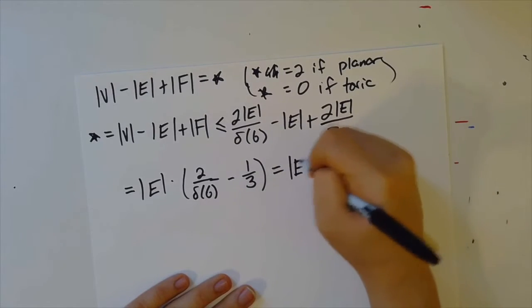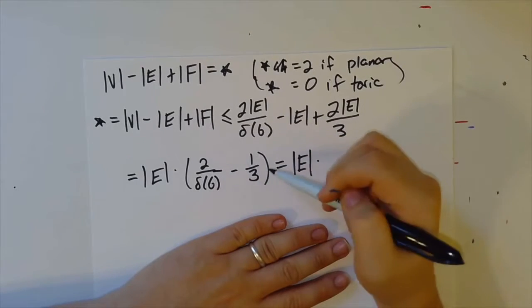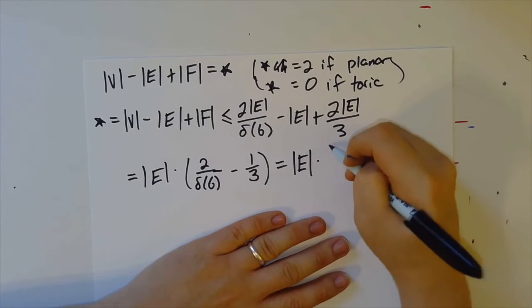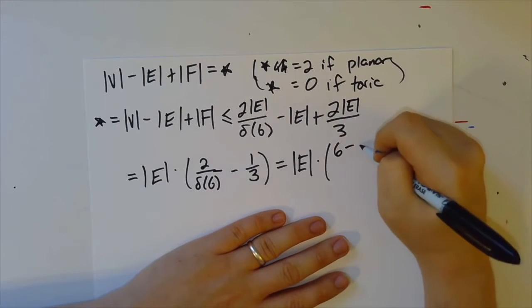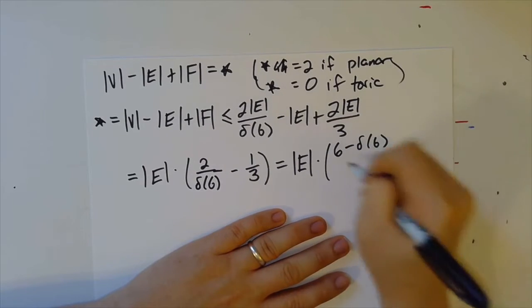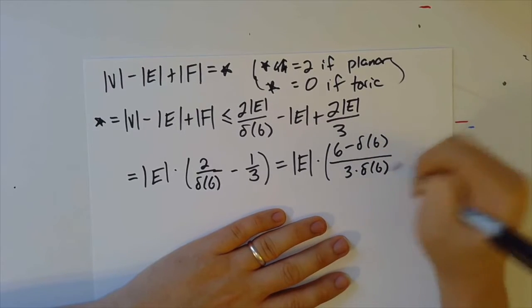So this is the number of edges times, okay, and so I'm going to put this over a common denominator, so times 6 minus delta of g over 3 times delta of g.